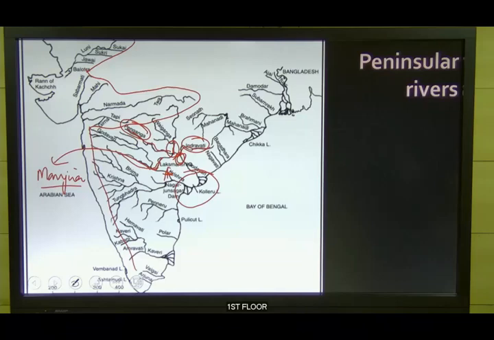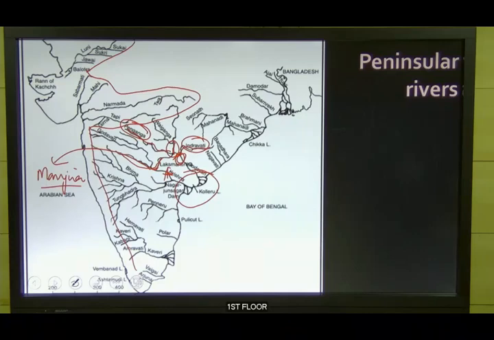They are trying to divert some water from Godavari to Krishna, it seems, by building a dam and a canal which connects the Krishna and Godavari. Okay, but to be sure about the alignment and everything, you can search. That is in the Godavari river. Okay, then coming to the Krishna.